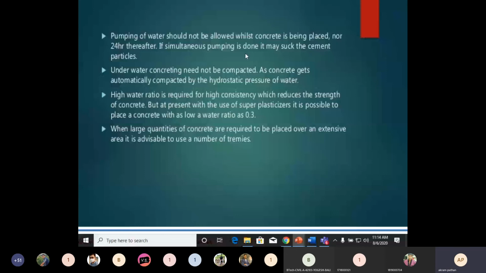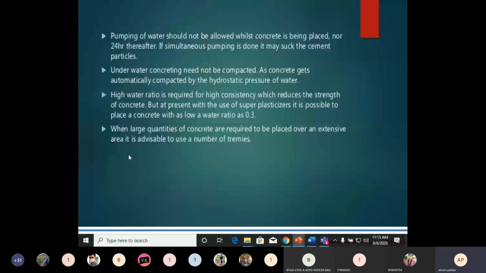A high water ratio is required for high consistency, which reduces the strength of concrete. But at present, with the use of superplasticizers, it is possible to place concrete with a low water-cement ratio of 0.3.